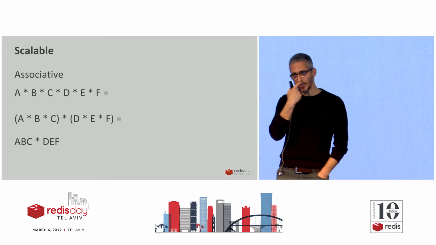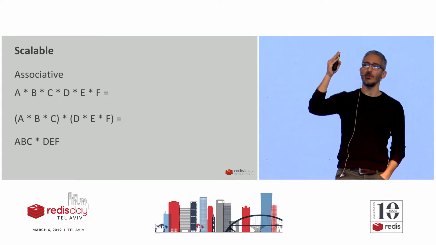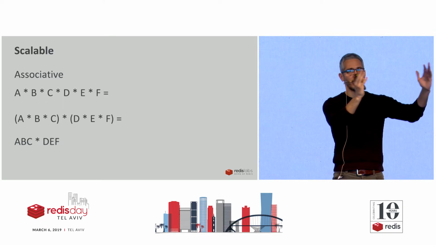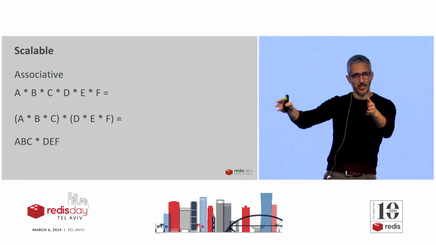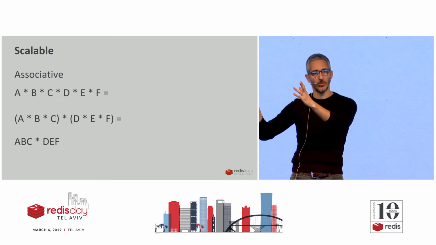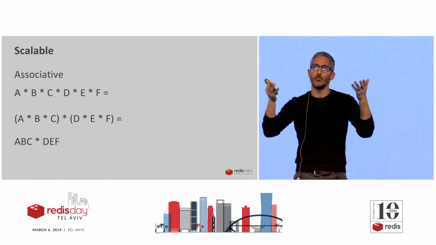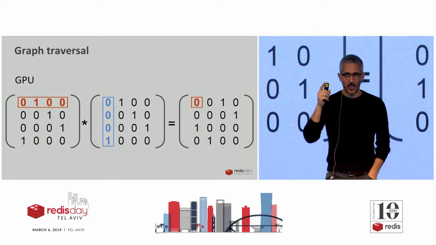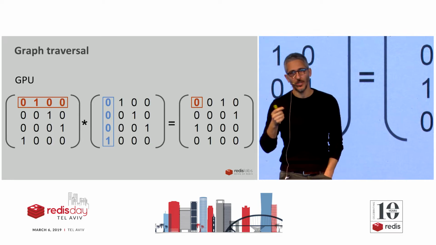Another thing to notice is that matrix multiplication is an associative operation. So if we want to multiply a number of matrices, you can take a bunch of multiplication and perform them on one thread, and then take another batch of multiplication and do these on a different thread, and just combine the result with another multiplication. So these all can be done on the CPU, but today we have GPUs.